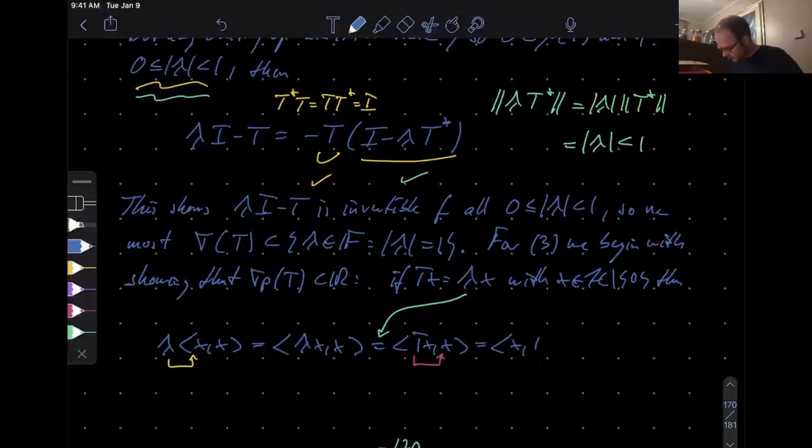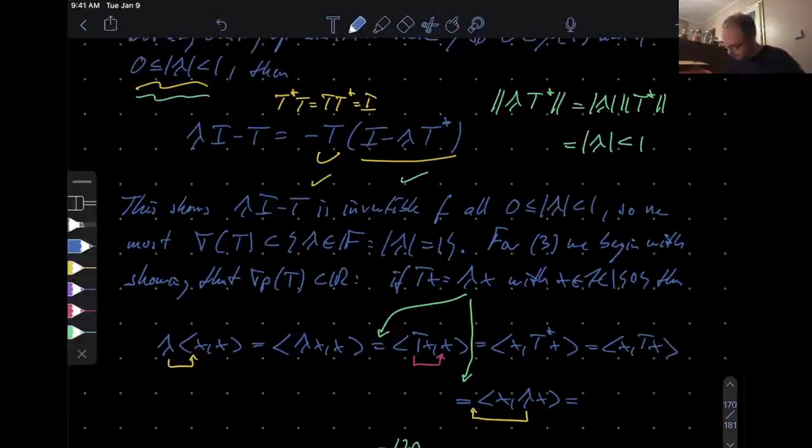You have x, T star x, but since T is self-adjoint, the star goes away. You get x, Tx, and now you use the same eigenvector equation, so you would have x, lambda x. Then you pull it out, but now it comes out with a complex conjugate in general, right? So you get lambda bar x comma x.